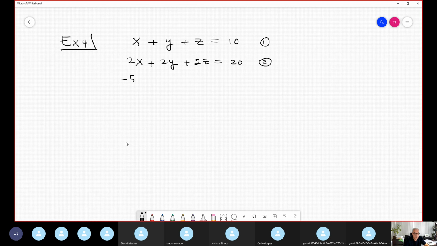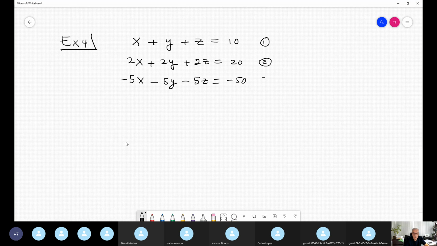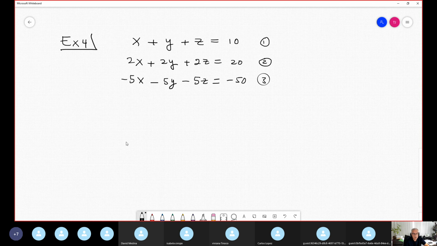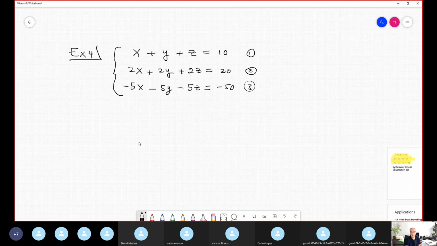Negative 5x minus 5y minus 5z equals negative 50. Equation 3. Wow, I saw something weird, and that's it. Do you see something weird? What do you think? What's going on in this system?